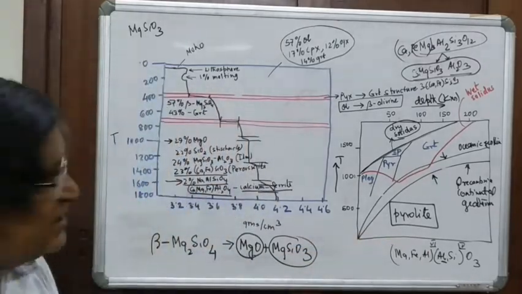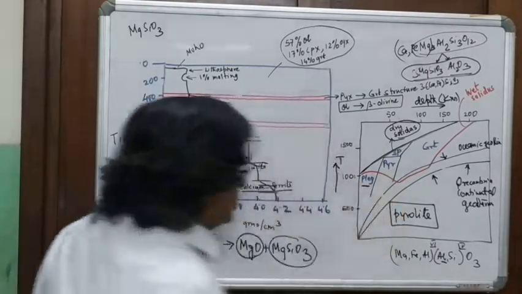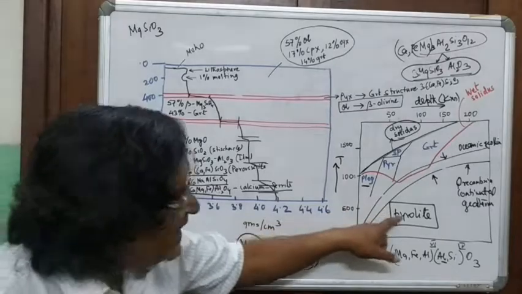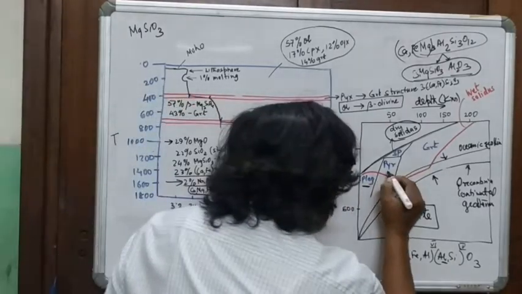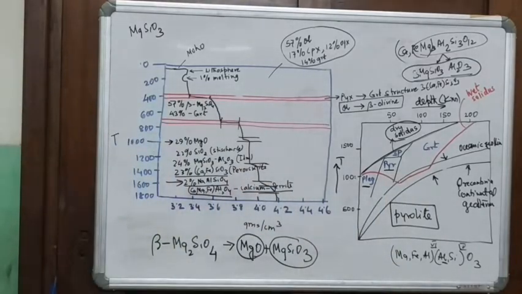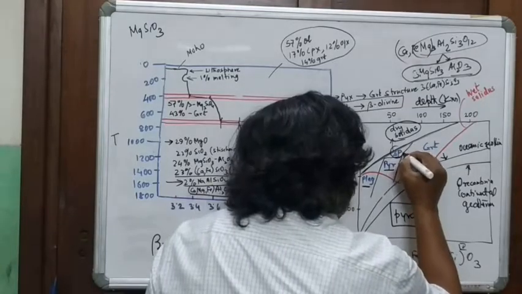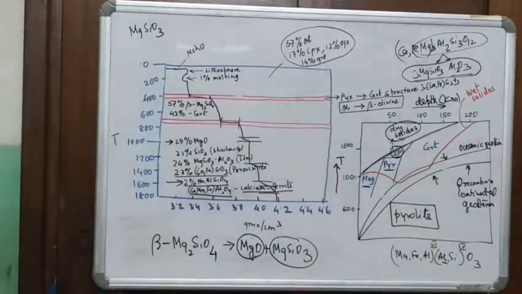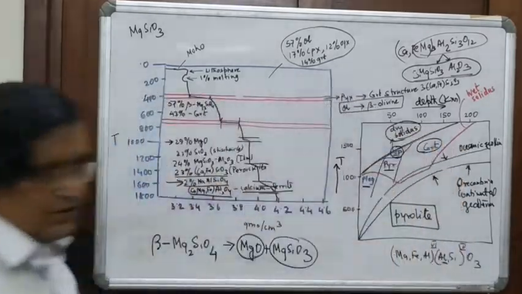Now experiments have shown that this part, where I have written plagioclase, contains a plagioclase pyrolite. This is a pyroxene pyrolite, containing both orthopyroxene and clinopyroxene. This is called the spinel pyrolite, and this is called the garnet pyrolite.